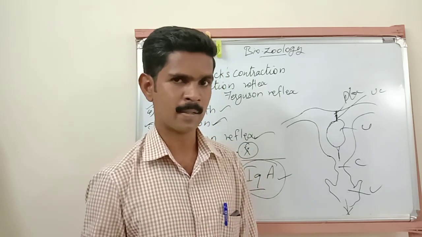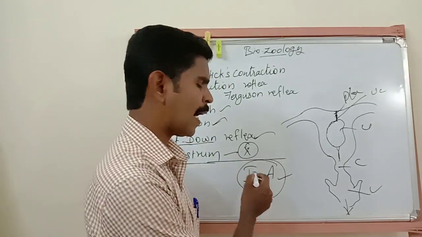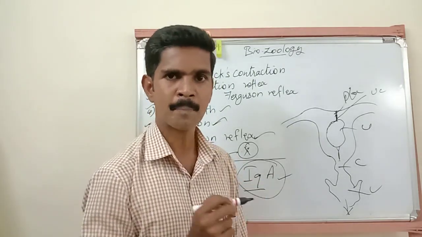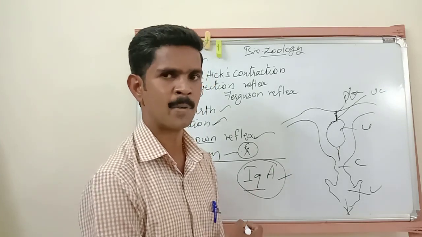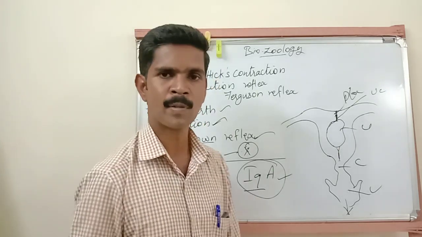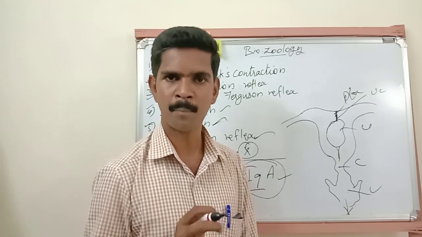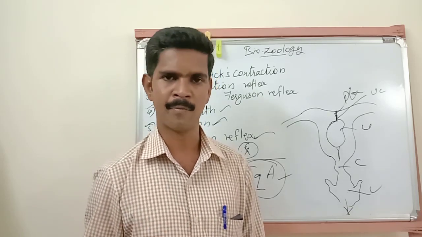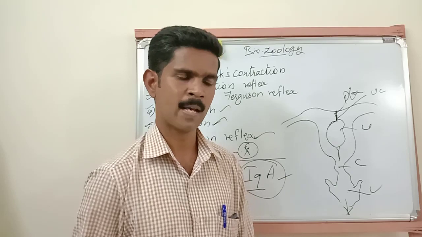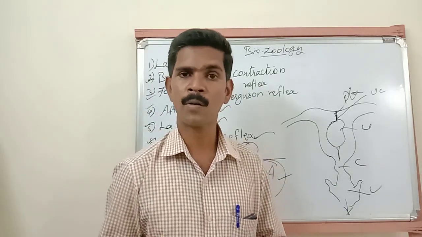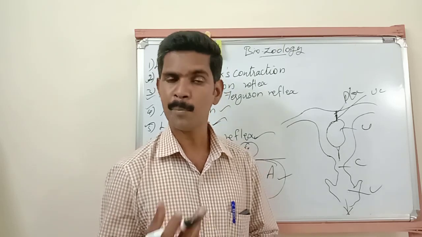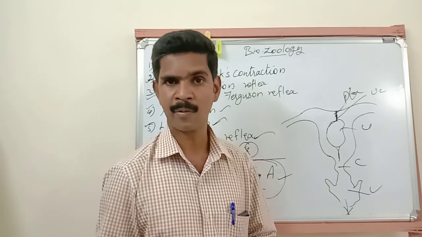I hope you all understand this point. IgA antibody is one of the antibodies present in the colostrum, and its main use is protecting the baby's digestive system from bacterial infection. Understand, my dear students? This colostrum also consists of more growth factors, immune factors, and tissue repairing factors.